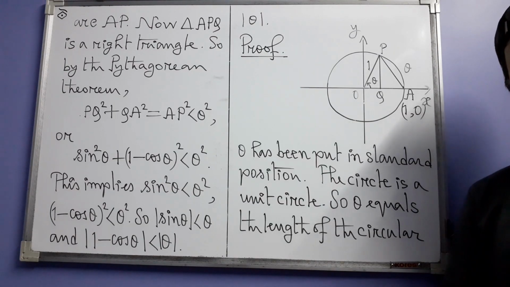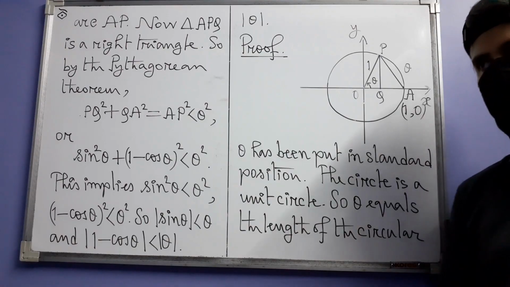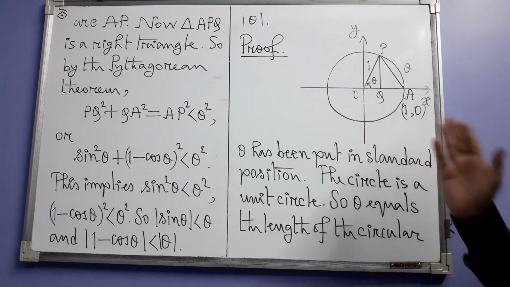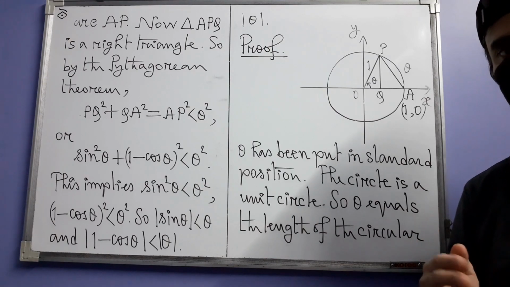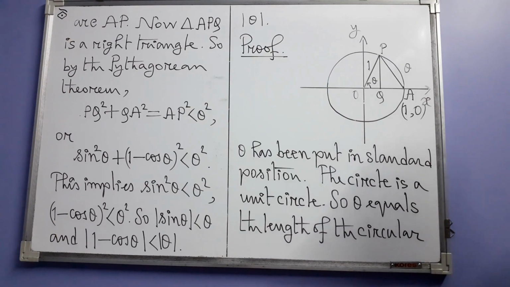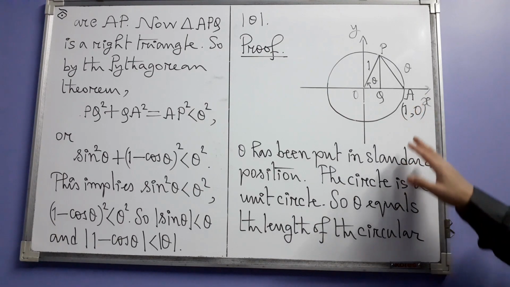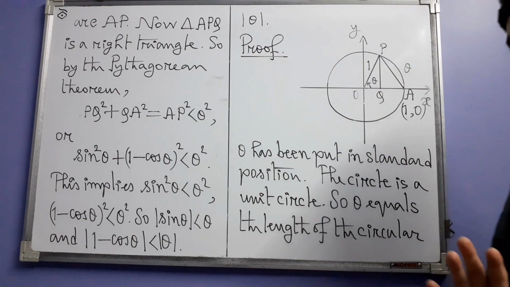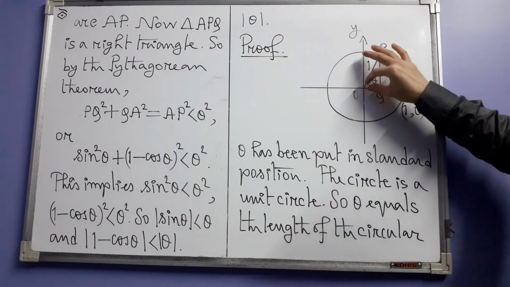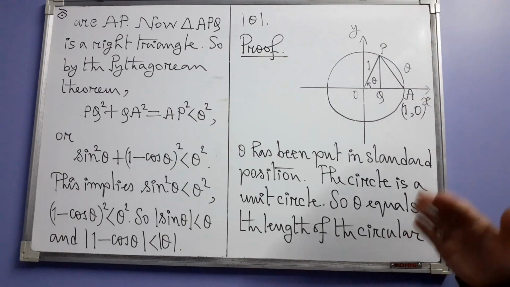Okay, so this is the proof. The proof of course is geometrical because our definitions of trigonometric functions are geometric. So what do we have here? We have our usual x and y axis, and the angle theta has been put in the standard position.